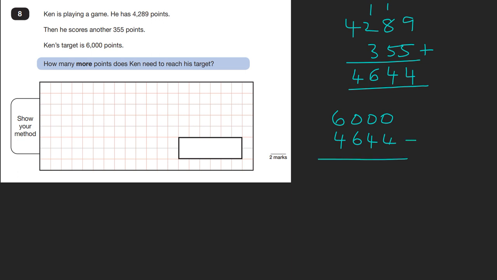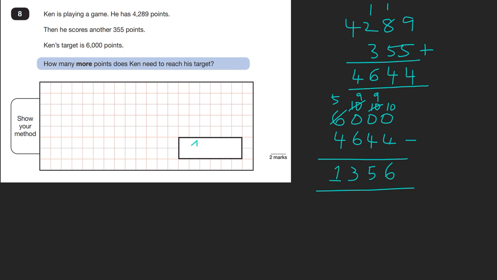So it's a column subtraction you can do. 6 goes into 5 and this becomes 10 and this becomes 10 again. So the previous number becomes 9 and this becomes 9 and this becomes 10. 10 take away 4 is 6. 9 take away 4 is 5. 9 take away 6 is 3. 5 take away 4 is 1.